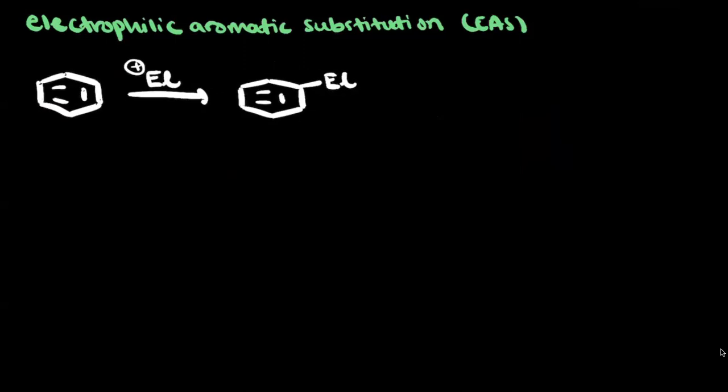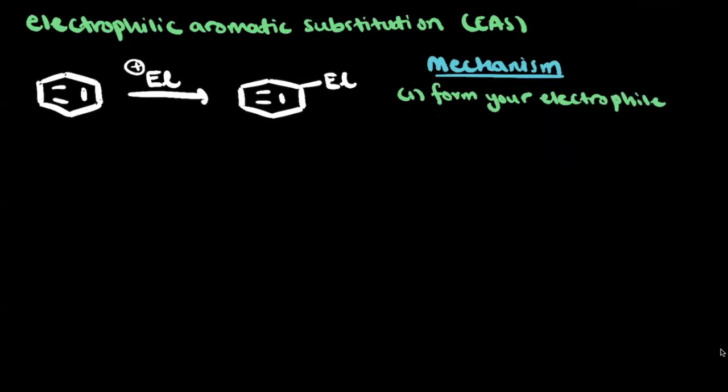So the mechanism can be divided into 3 separate steps. Okay, your first step would be to form your electrophile by reacting your reagents with your Lewis acid catalyst.